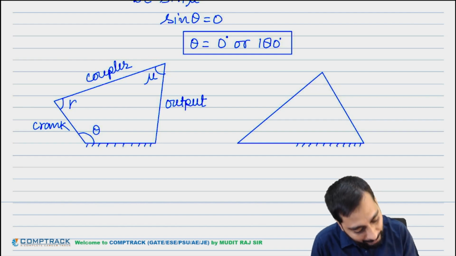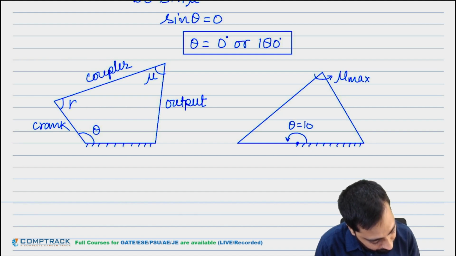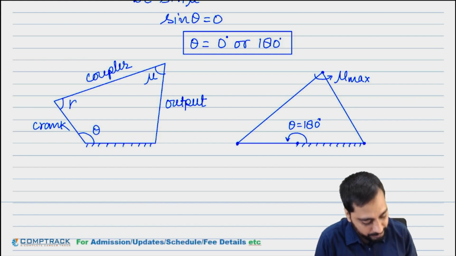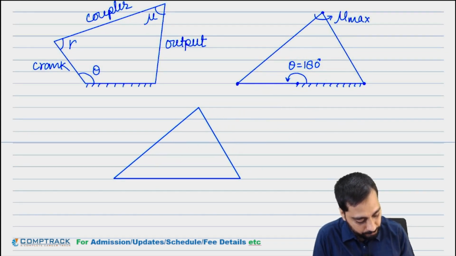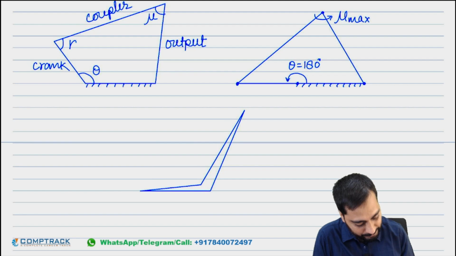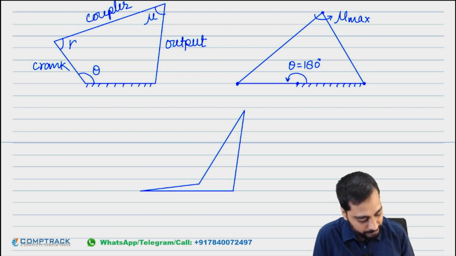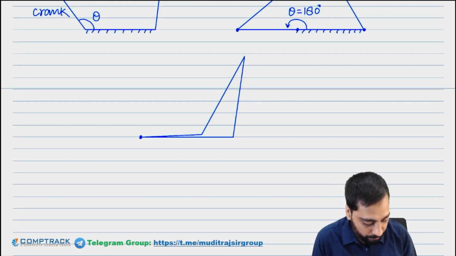So the transmission angle will be maximum at theta equal to 180 degrees. And if I rotate it in the opposite direction and theta is 0 here, at this position the transmission angle will be minimum.